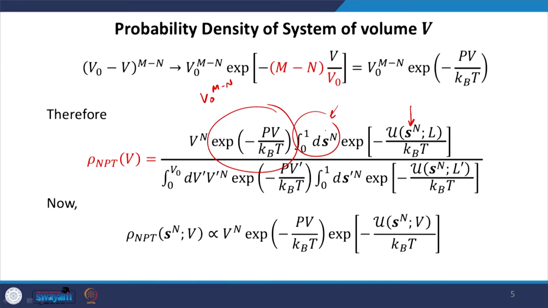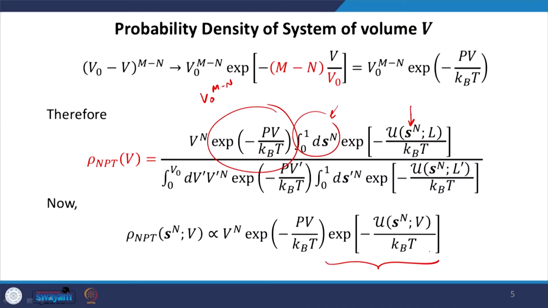If I ask the question, what is the probability density of having a volume V, then we have to integrate over all the possible configurations having volume V. On the other hand, if I am looking at any particular configuration at volume V, I can only look at the term inside the integral, and this is what we have done here. So, I simply look at the term inside that, and the denominator is anyway a normalizing factor. So, the probability density is basically given by the numerator, where we have dropped the integral over ds.